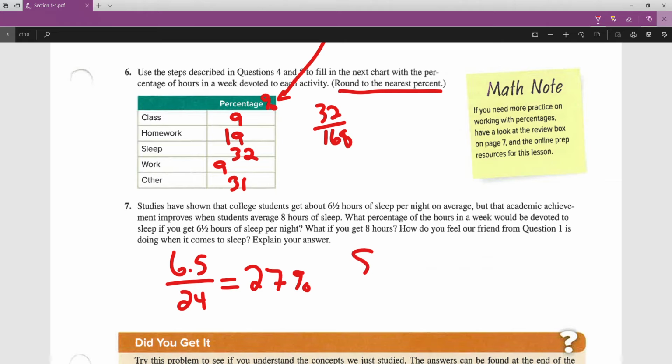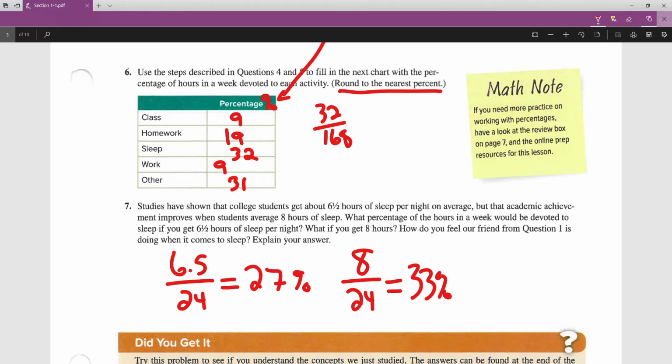If they get the recommended amount, the 8 hours, go ahead and convert that into a percent, and you should get about 33%. So the question is, how is our student doing? Our student is getting 32%, so they're pretty close, but they could probably use a little bit more sleep.